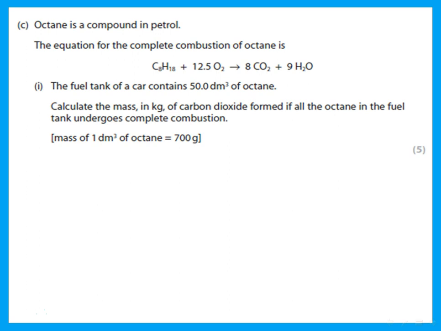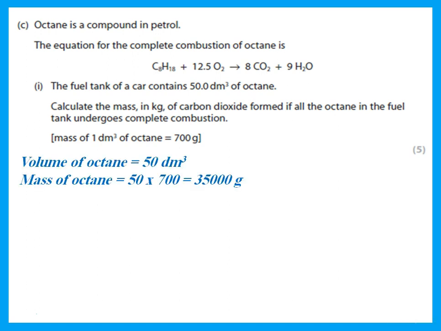So this is basically a normal calculation. We're starting with a certain volume of octane, and he says the mass of 1 decimeter cubed is 700 grams. So I can get the mass of the octane. The mass of the octane is 50 times 700. So this is the mass of octane I have.